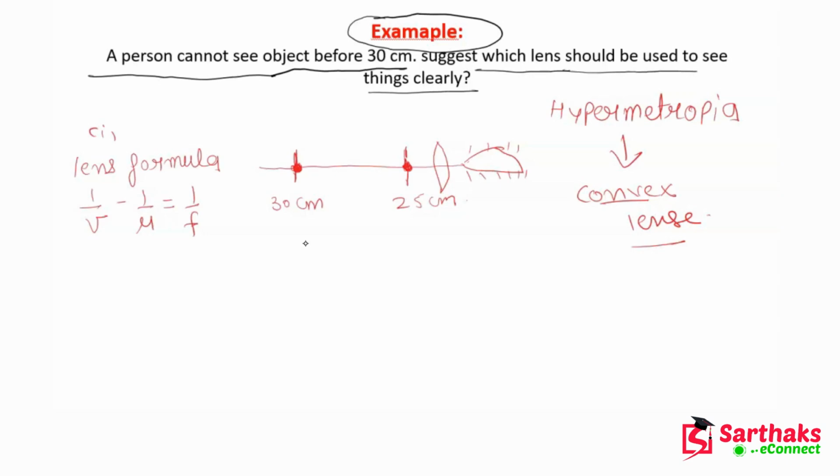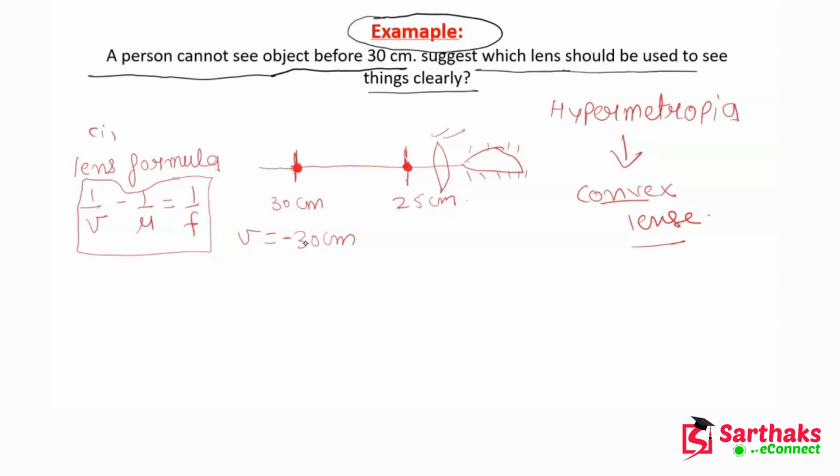So what will I do? We will simply apply this lens formula and find out the focal length of this lens. We want the image to be formed at 30 centimeter. Because this is on the left side of the lens, I will write minus 30.